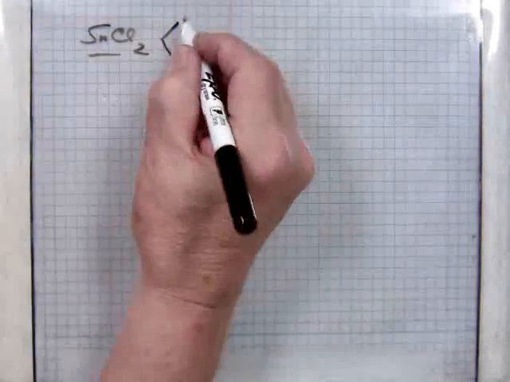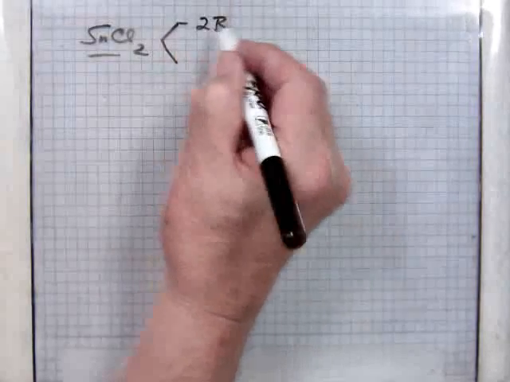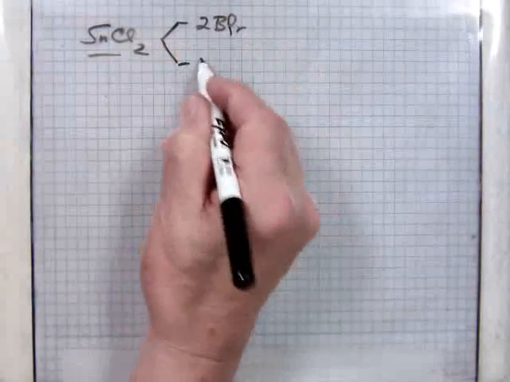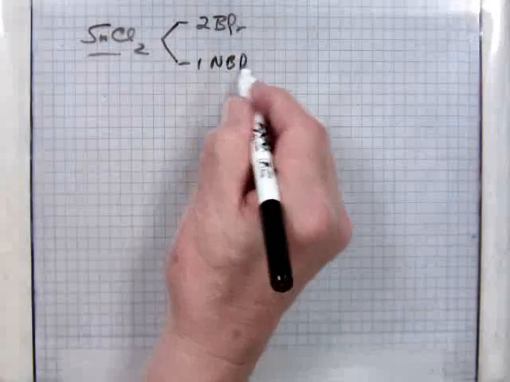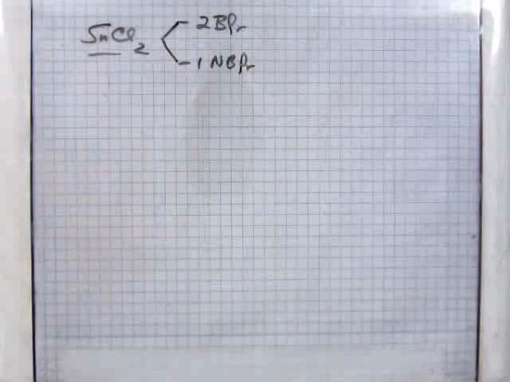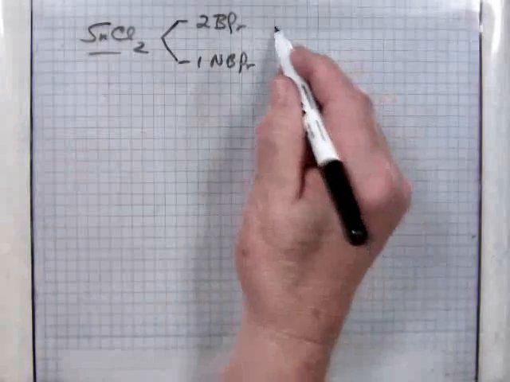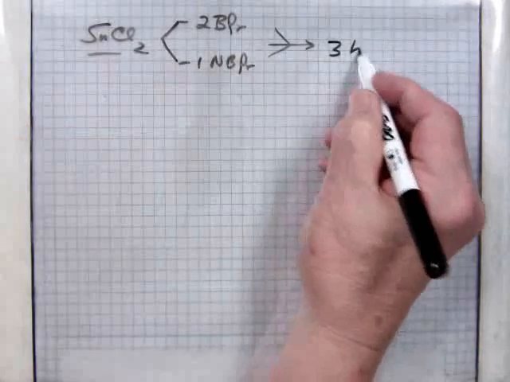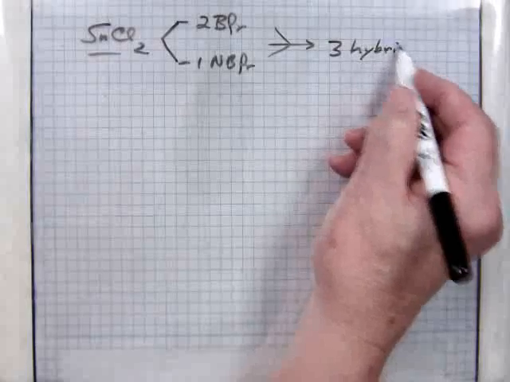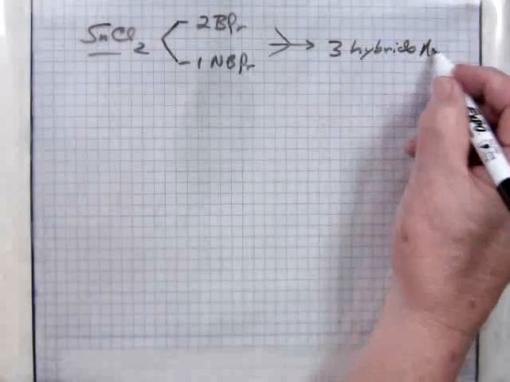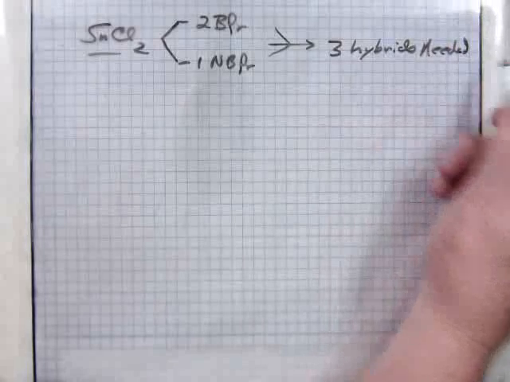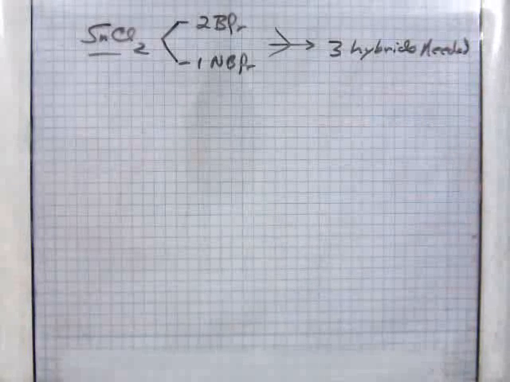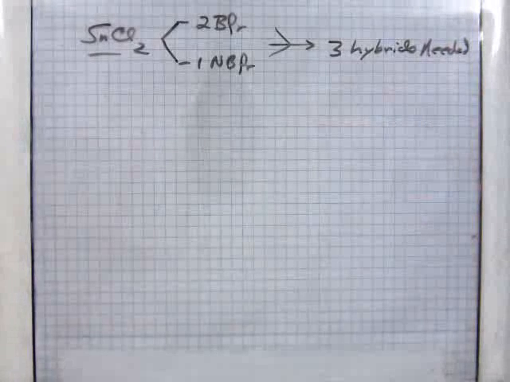We've already determined from the VSEPR theory that this has 2 bonded pairs and 1 non-bonded pair. Adding those together gives me 3 hybrids needed. So that's what I'll take out of the central element.